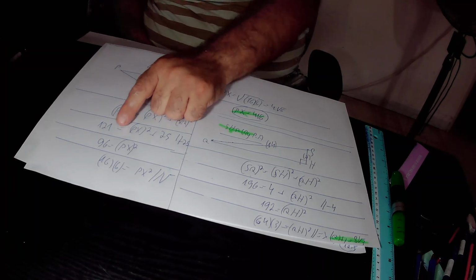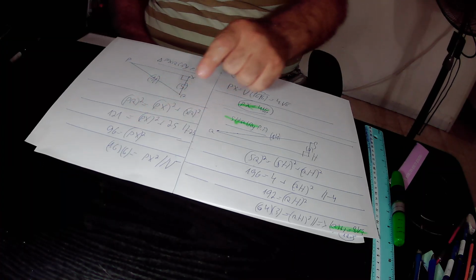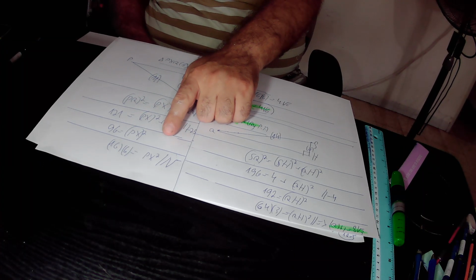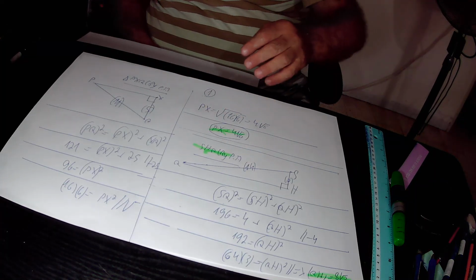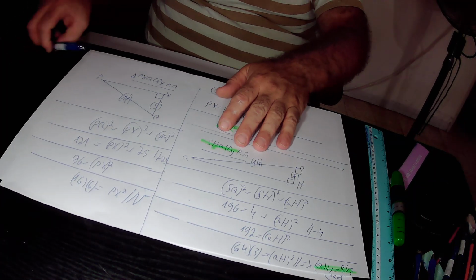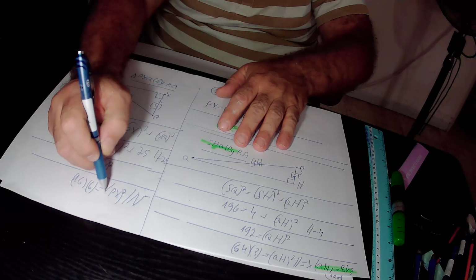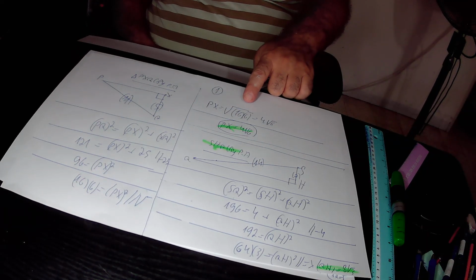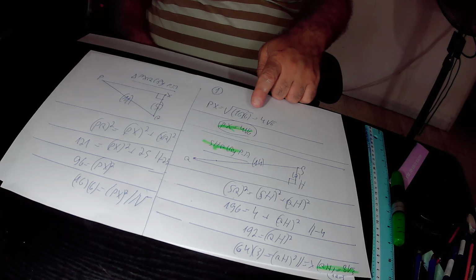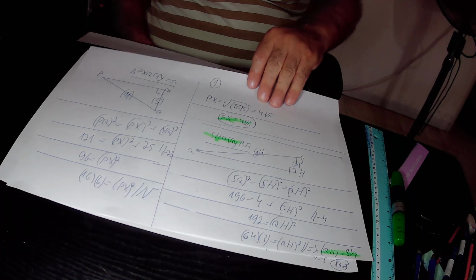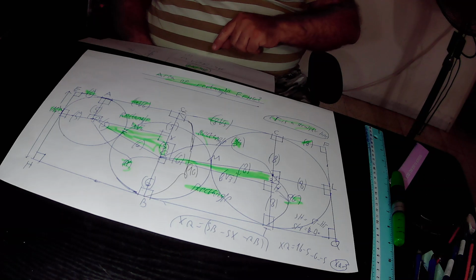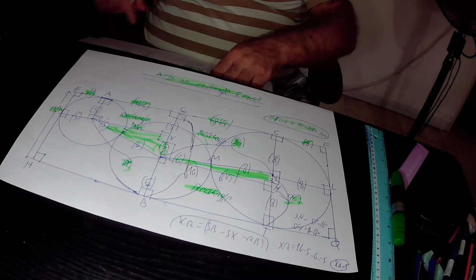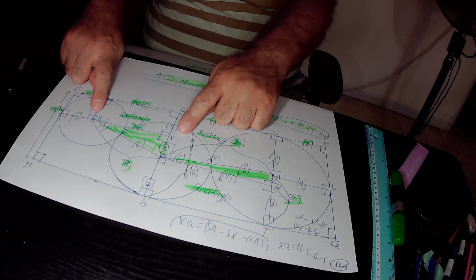Here we substituted 96 by 16 times 6, and we took the square root of the equation, and we found that PX, the missing side, is equal to the square root of 16 times 6. The square root of 16 is 4, so inside the root we are left only with 6. So in total we found that PX is equal to 4 times square root of 6 units in its length.